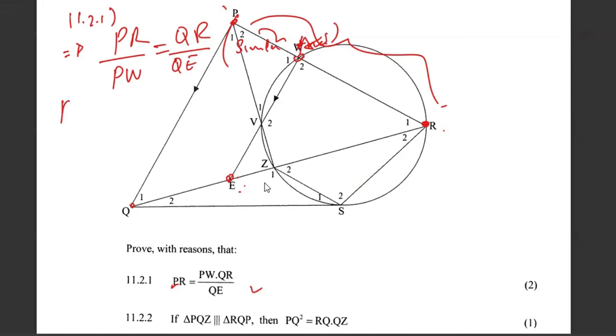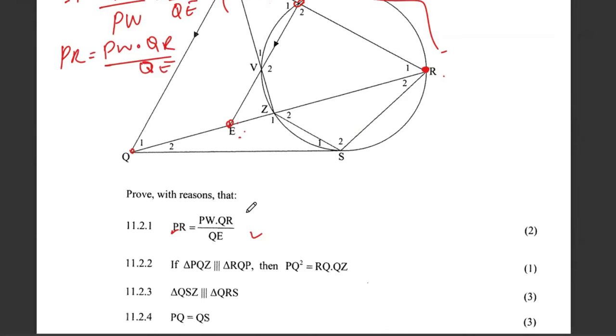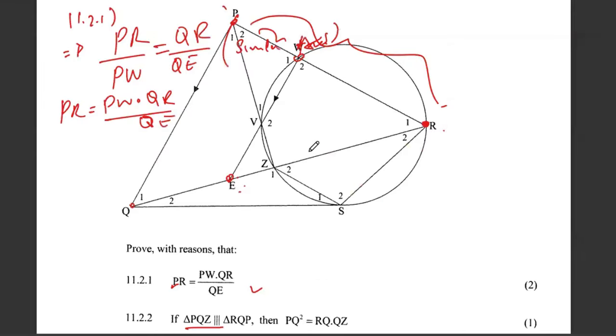And then we want PR, which is going to be PW multiplied by QR over QE. And then prove with reasons. They're telling us if PQZ is similar to RQZ, can we prove that this is that?